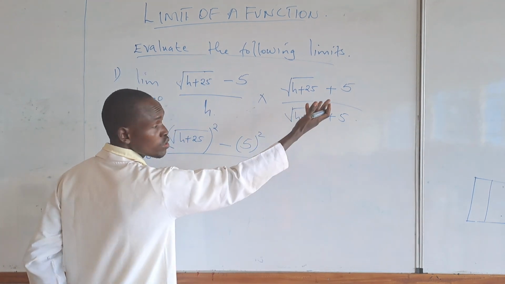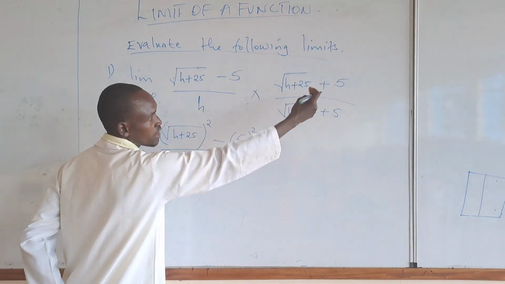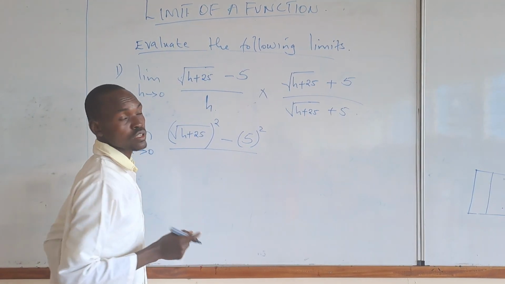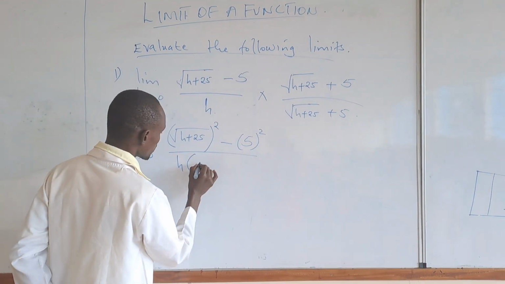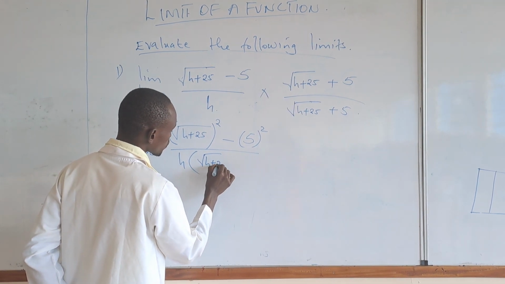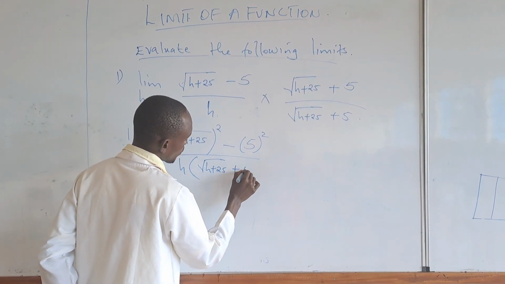So you can also prove that by multiplying directly. The denominator will be h multiplied by square root of h plus 25 plus 5.